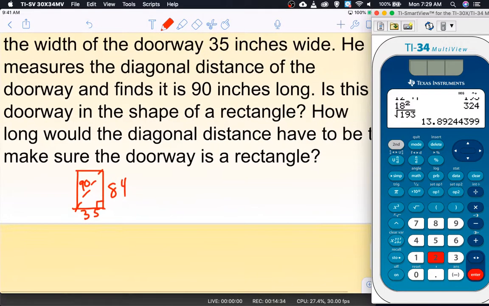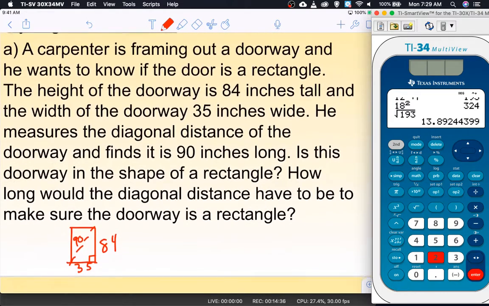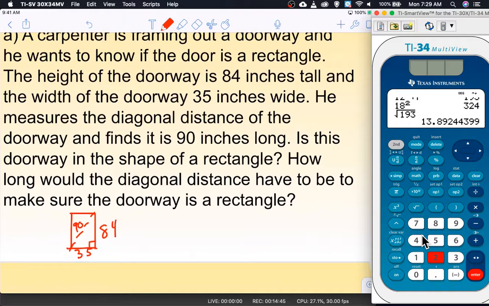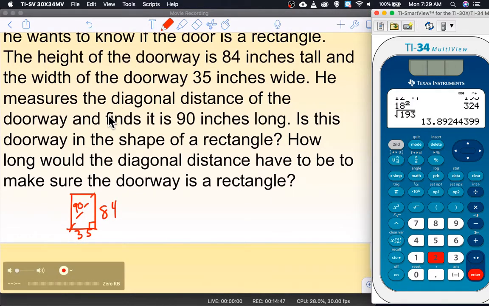Now, in a doorway, we are assuming that this would be a right angle. We don't know. That's kind of the whole point of the question, is we want to see if the door is a rectangle. The thing that's special about rectangles is they have right angles. Is this doorway in the shape of a rectangle? Is this actually a right angle?